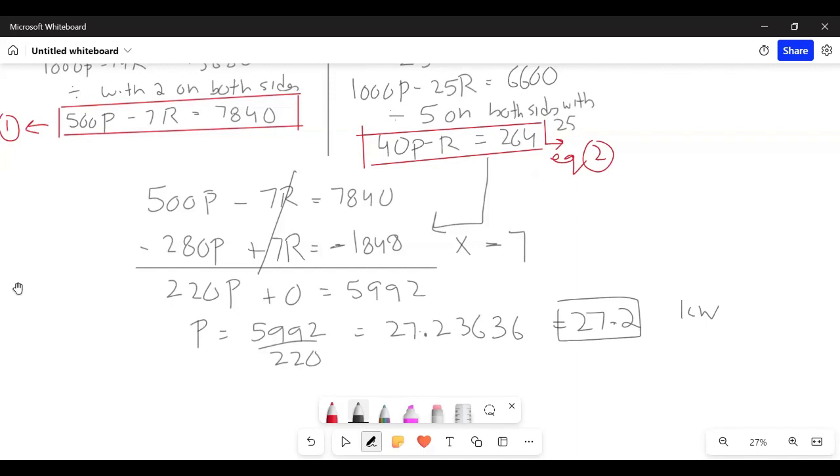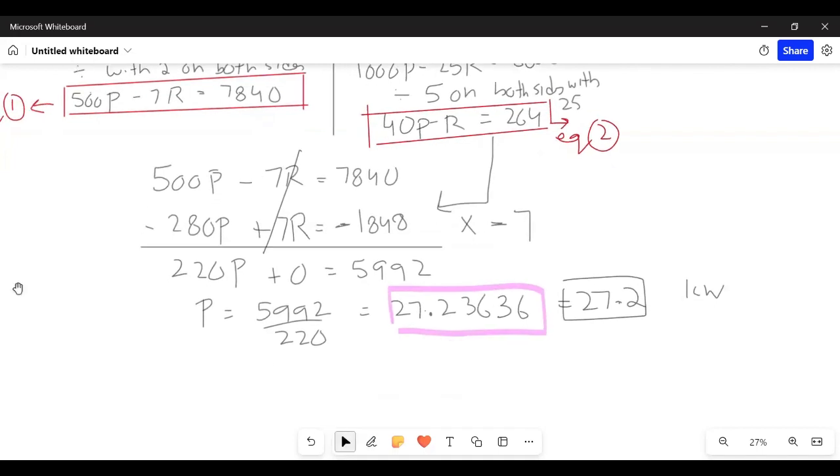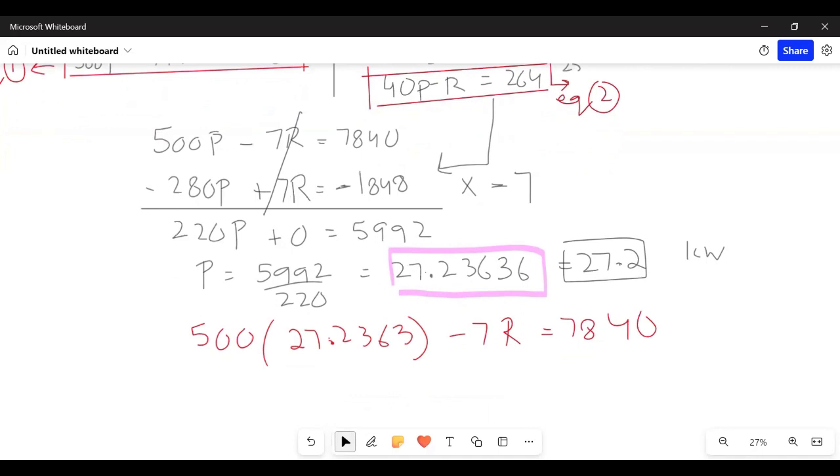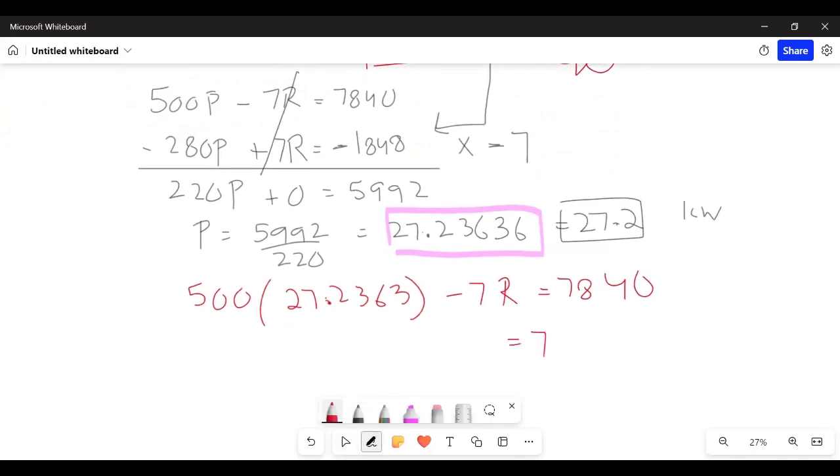Okay. Now we have to find R, so substitute this value, the unrounded value of P, in either equation 1 or equation 2. I'm going to use equation 1, so 500 times 27.2363 minus 7 times R is equals to 7840. Move 7R towards the right so that it becomes positive.